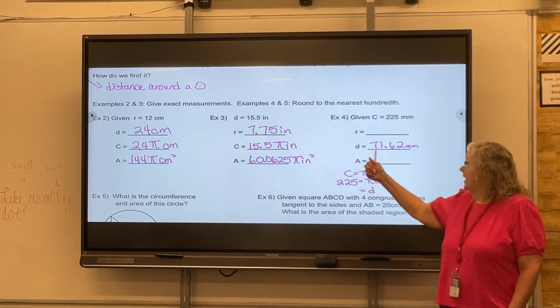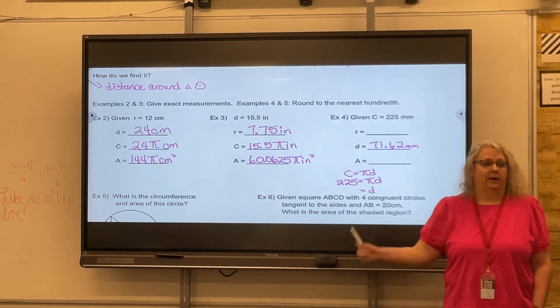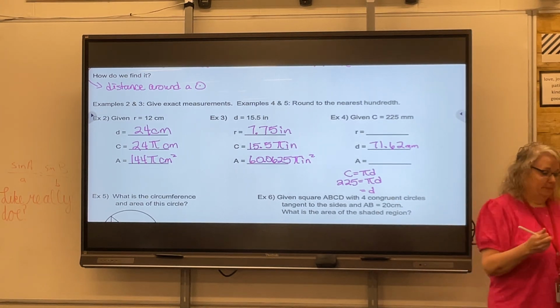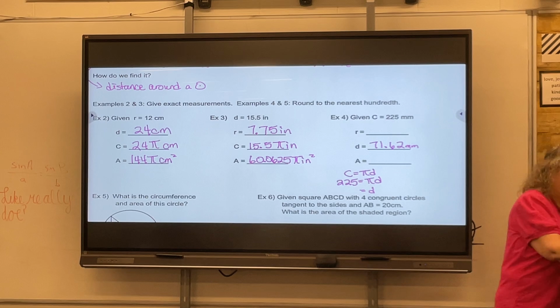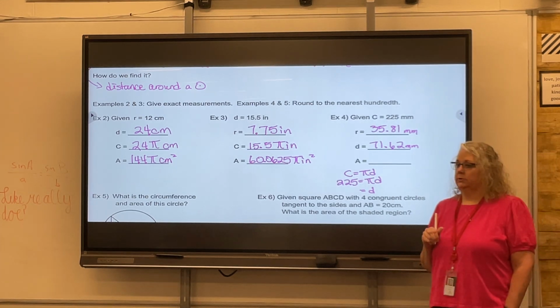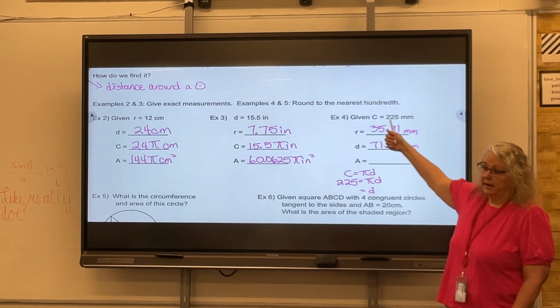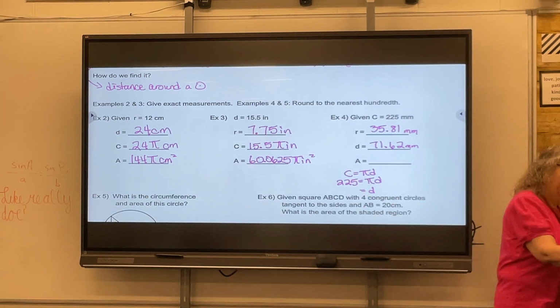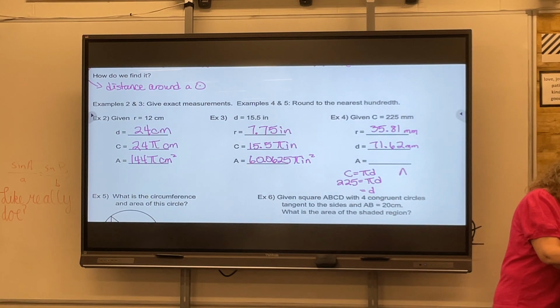Okay, so if the diameter is 71.62, how do I find the radius? Divide by 2, and you get 35.81 millimeters. Then your area is pi times that radius squared.